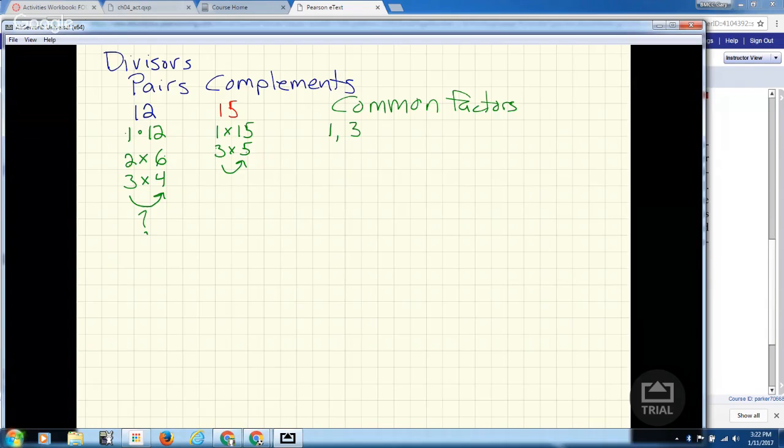As far as factors go, or divisors, usually what's of most interest to us is the greatest of the common divisors. And so here, the greatest of the common divisors happens to be 3.